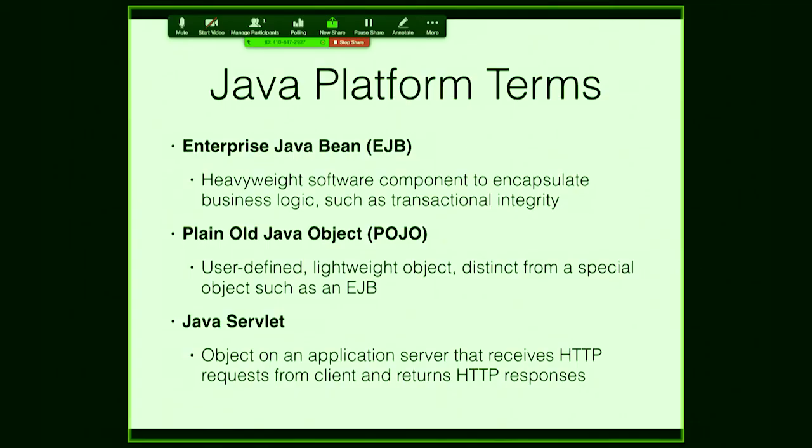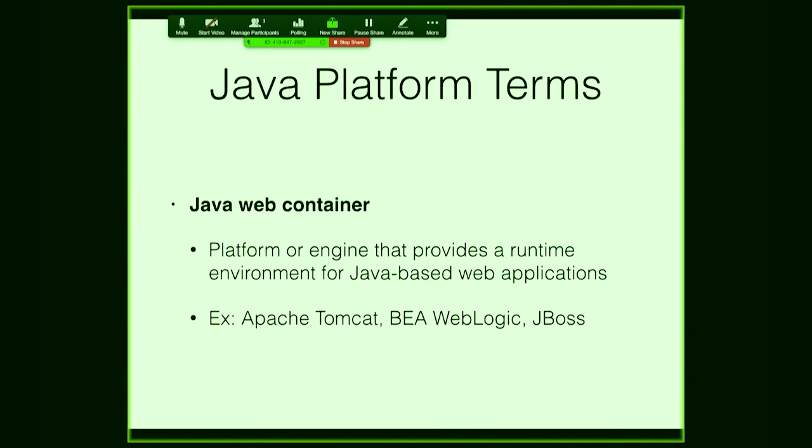There's Enterprise Java Bean, which is heavyweight software for business logic. There's plain old Java objects called POJOs that people use. There's Java servlets that people use on servers for these. And there's Java web containers. And there are whole classes and everything in it you can take here. And it is a whole important field to do all that Java programming if you want to.